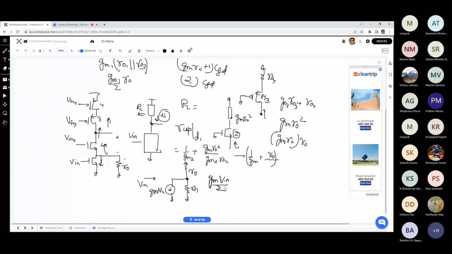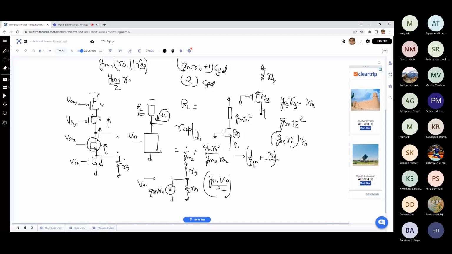Now this MOSFET is coming once again in series. So whatever current goes up, the same current will come out of the drain, just like the cascode example. Once we have found this current, gm1 Vin by 2, the same current exits over there. And we know the impedance provided by the upper branch, which is also given over here.